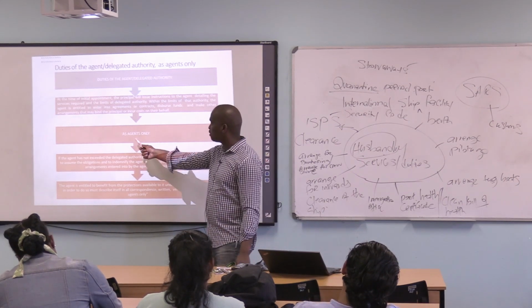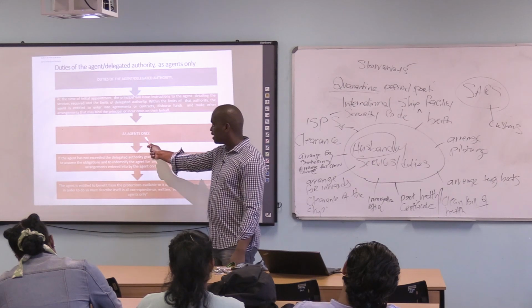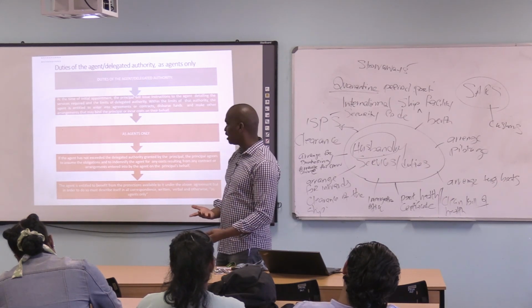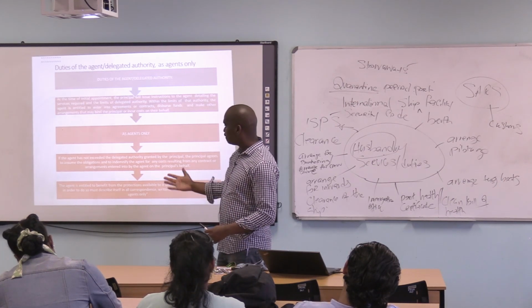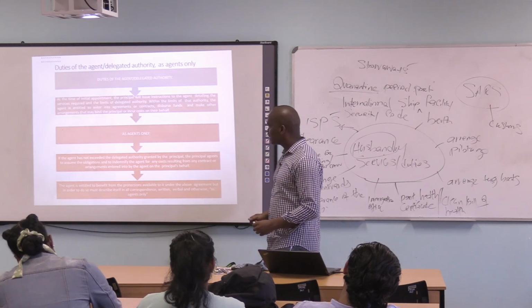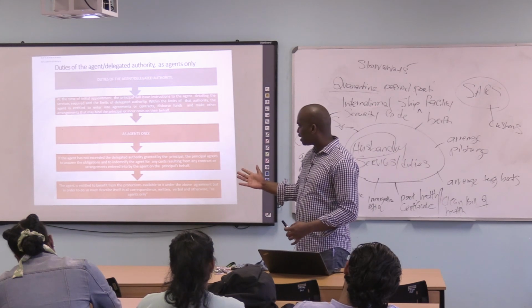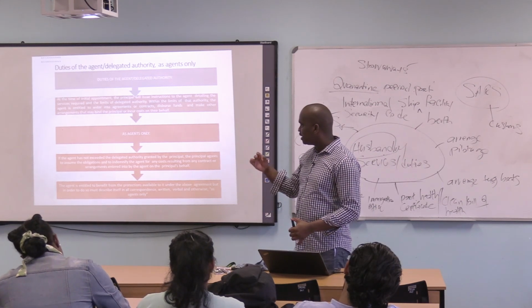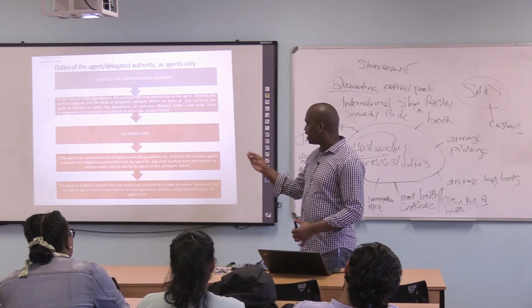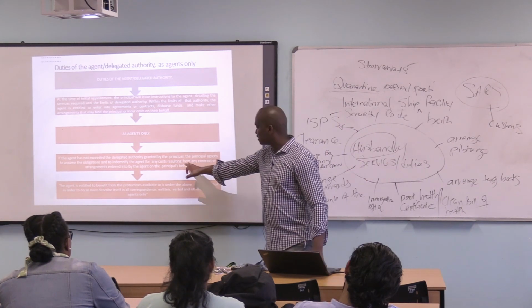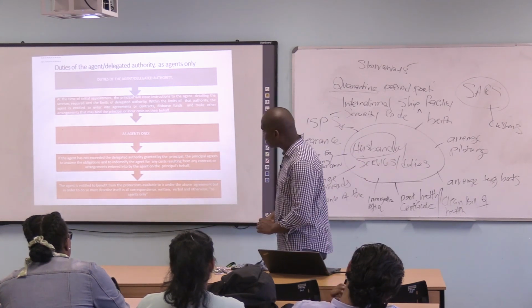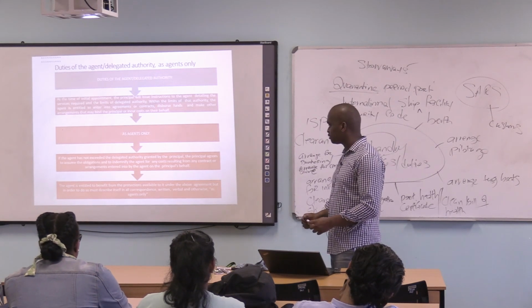But we also have to stipulate that as agents only, because they are acting on behalf of the ship owner. If the agent has not exceeded the delegated authority granted by the principal, the principal agrees to assume the obligations and to indemnify the agent for any cost resulting from any contracts or arrangements entered into by the agent on the principal's behalf.